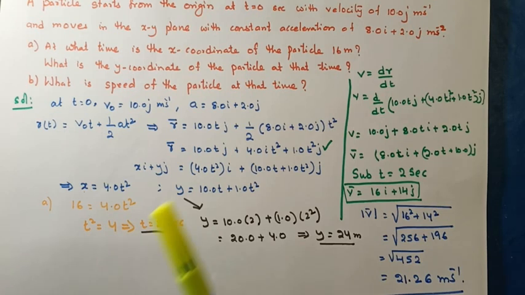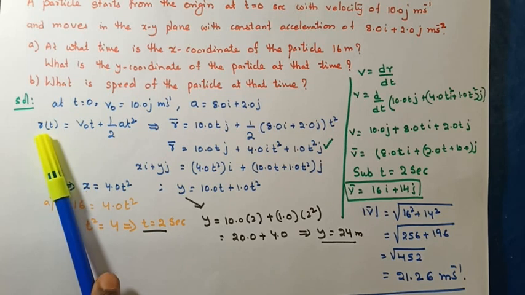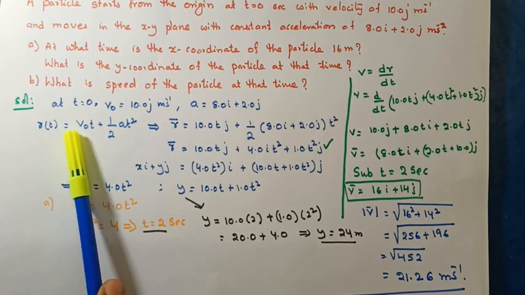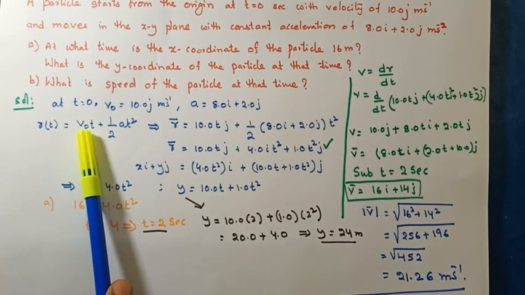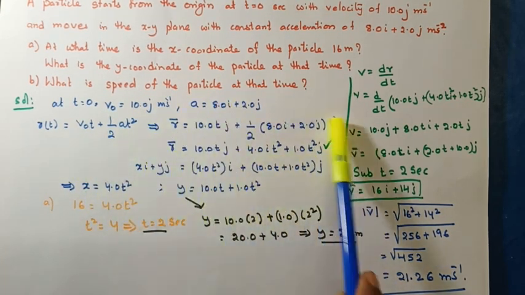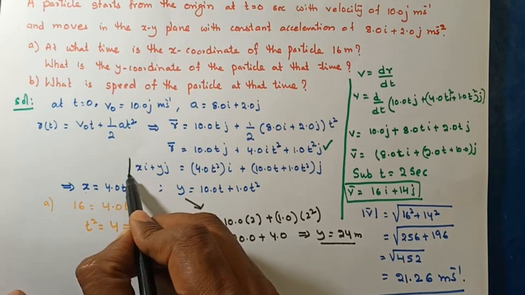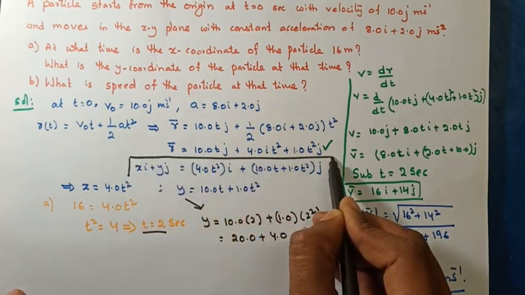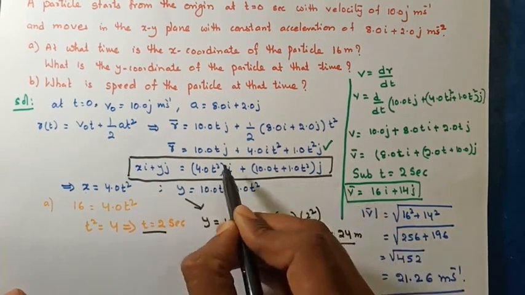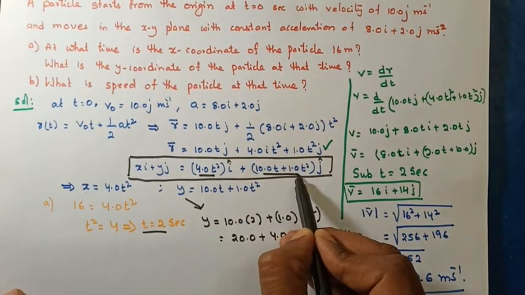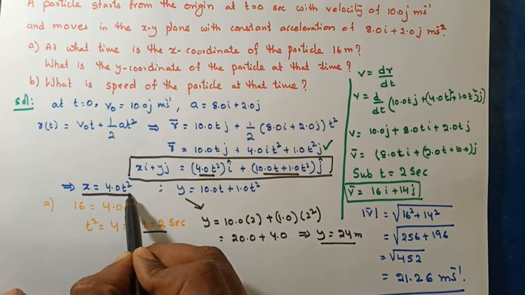Don't get confused here. We took a general position vector and a general velocity vector, and I have not substituted values like v naught x or ax, simply working with the vector form. This indicates the position vector, with i cap and j cap. This is the x coordinate and this is the y coordinate, which is why I separated x and y.